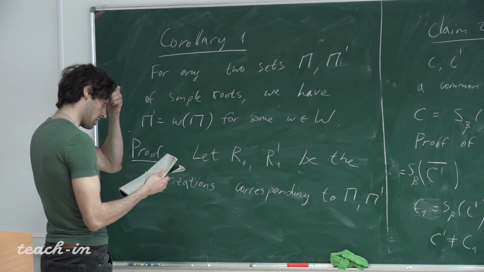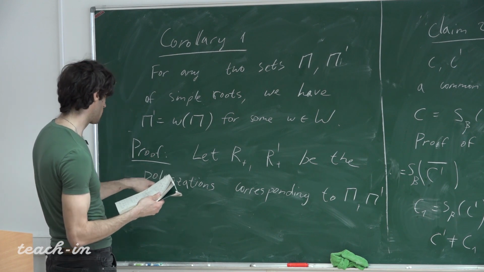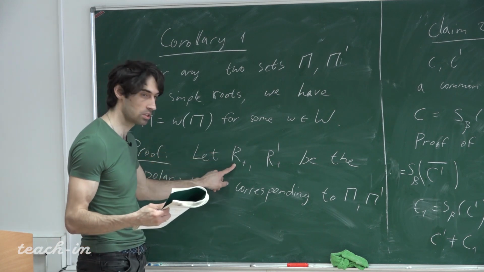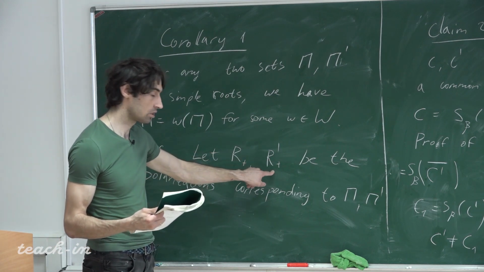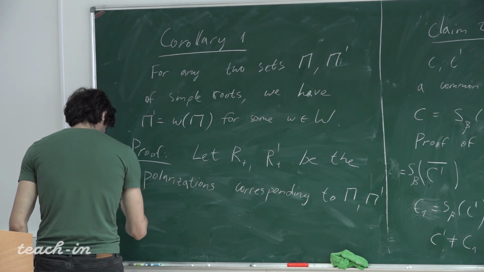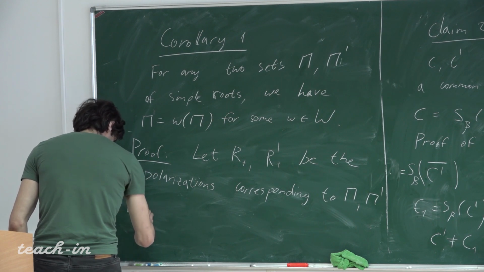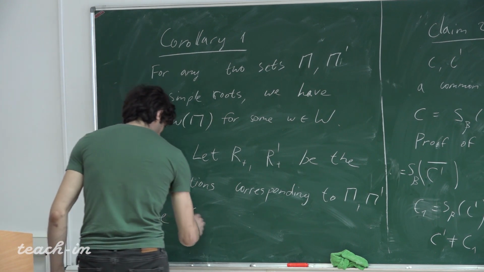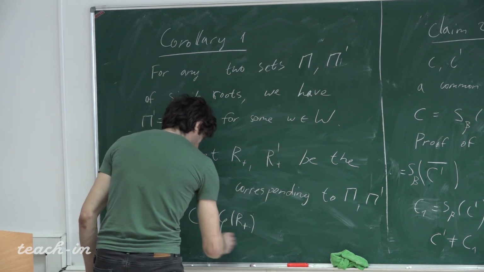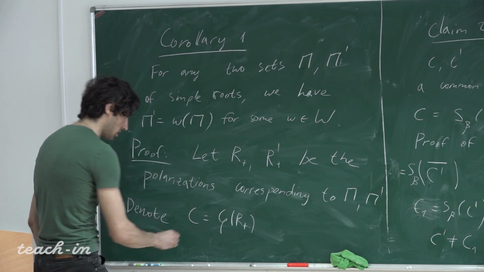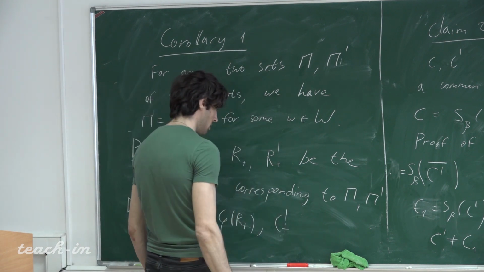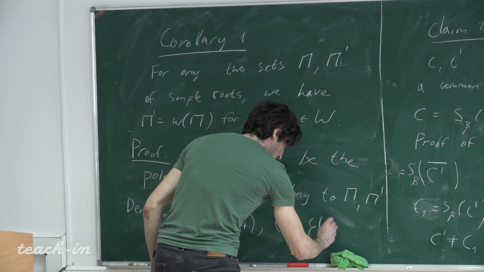Right? Then let us take two different Weyl chambers, positive Weyl chambers. One corresponding to this polarization, and another to the primed polarization. Okay? So denote C to be, so remember our map phi. So phi of R plus, so it's positive Weyl chamber corresponding to, so maybe C plus even, to R plus, and C plus prime to be the positive Weyl chamber corresponding to R plus prime.